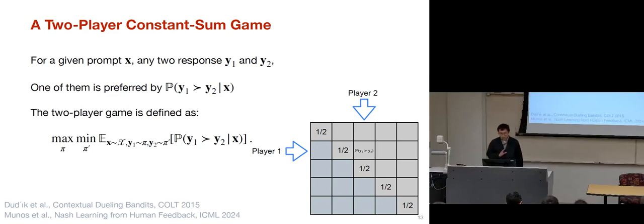But here, we are not going to make any assumptions for this pairwise comparison probability. And we are going to find two policies, pi and pi prime.